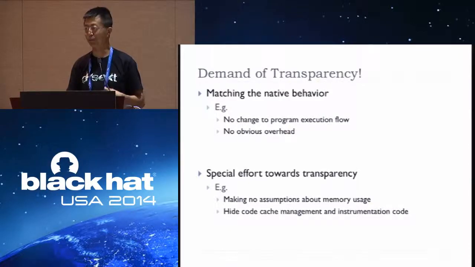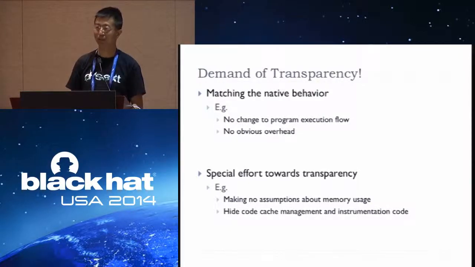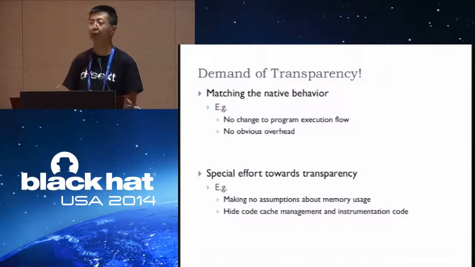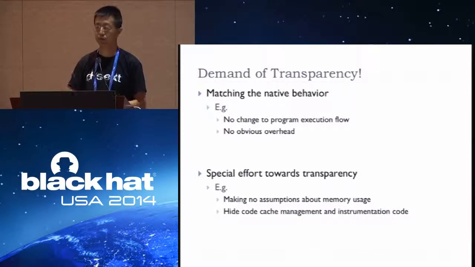So that also makes our life a little bit easier, because they haven't thought too much about being detected by the attacker. So, going back to transparency. They want to make sure a regular program, if you run it, let's say, on a Windows system, should also run on their DynamoRIO platform and behave the same way as if it's running on the native system directly.